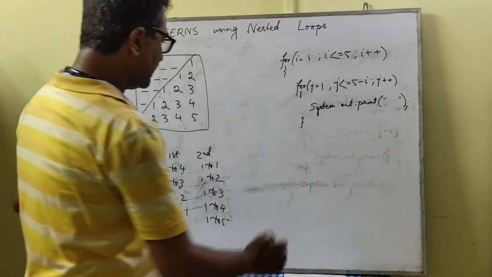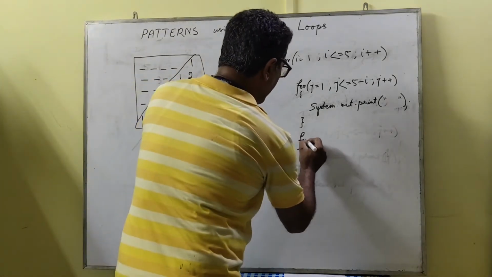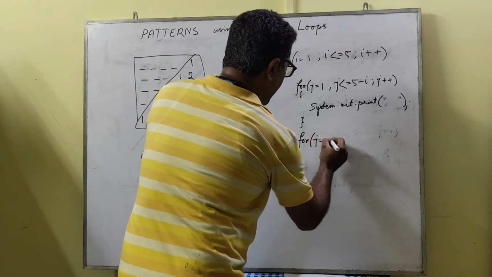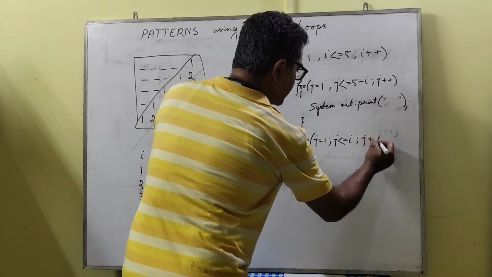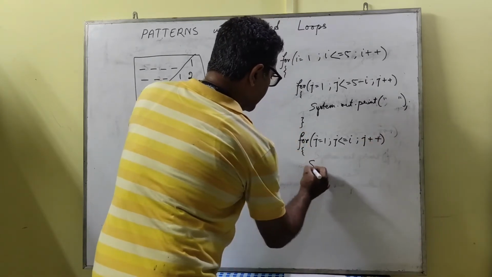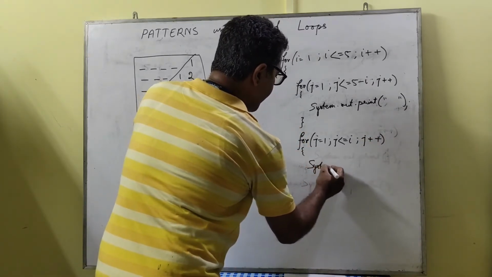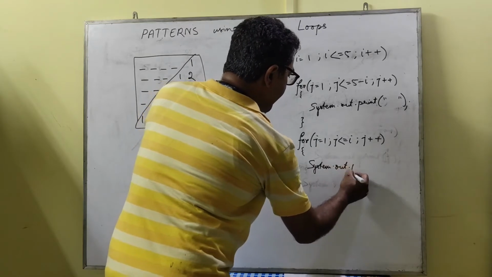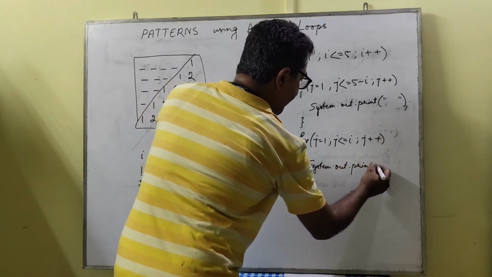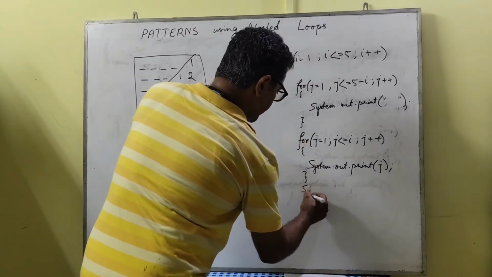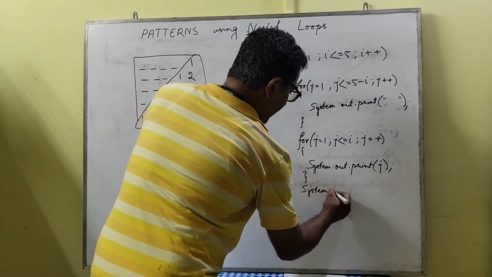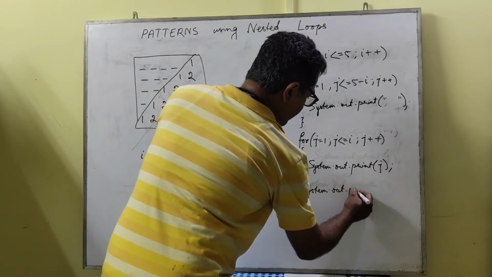So we can go this way for j equals 1, j less than equal to i, j plus plus. So print j, and we have System.out.println.